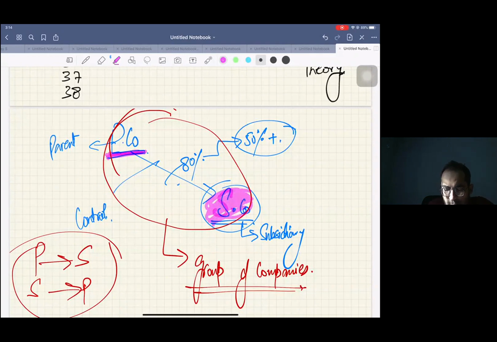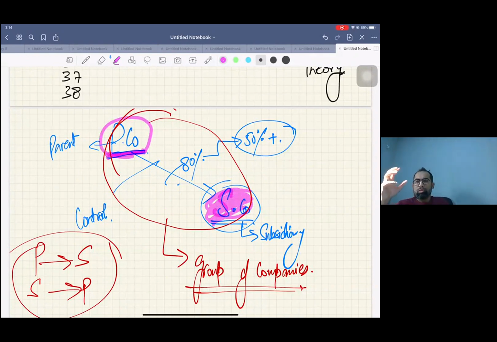Now parent company wants to buy a running business of S company. When one company wants to buy the running business of another company, they normally do it through ordinary shares.